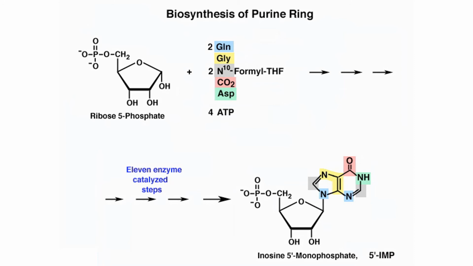And we see that we have glutamine, we have glycine, we have N-formyl tetrahydrofolic acid, carbon dioxide, and aspartate. So these molecules are all needed for the conversion of ribose 5-phosphate to 5' IMP. This also requires 4 ATP to energize this pathway.